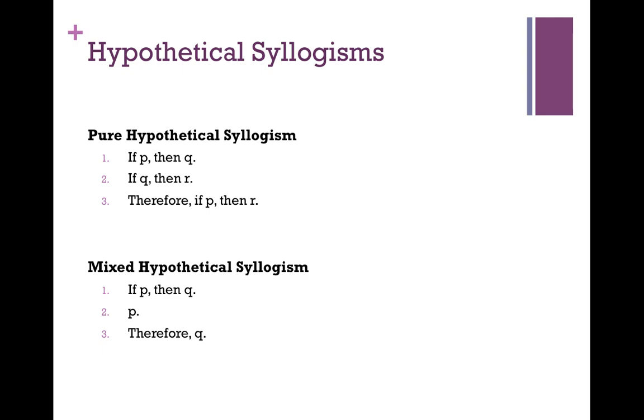It says if P then Q, if Q then R, therefore if P then R. But this is, like I said, purely hypothetical. It's purely saying this is possible. It's not saying that anything actually is the case. Whereas the argument down at the bottom, what we call mixed hypothetical syllogisms, these are of the following form. If P then Q, P is true, therefore Q must also be true.